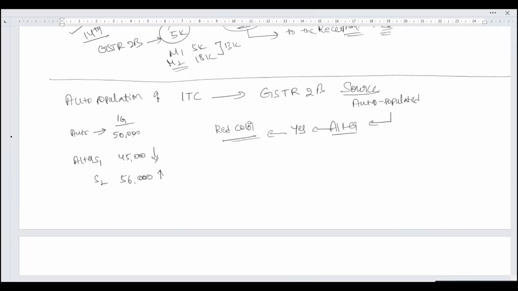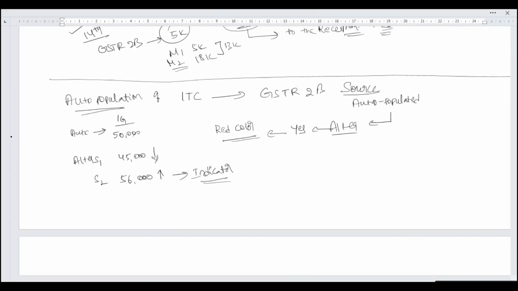But if you have claimed more, you're going to have an indicator that, boss, watch out, you're going to get a notice. This is what they're talking about. So why they wanted to bring this indicator is, let the data be auto-populated and you don't alter your data.